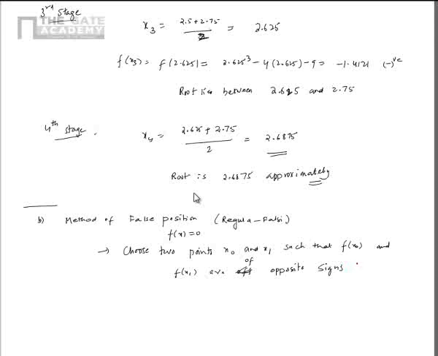So what does this mean? It means that the graph of y equal to f of x will basically cross the x-axis, and it indicates that the root lies between x0 and x1.